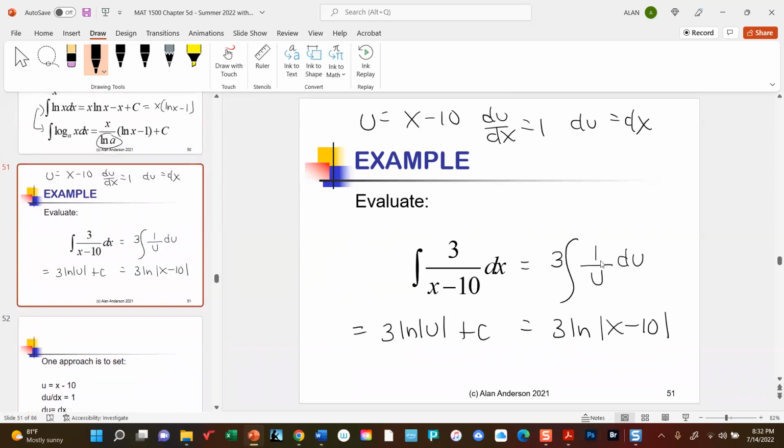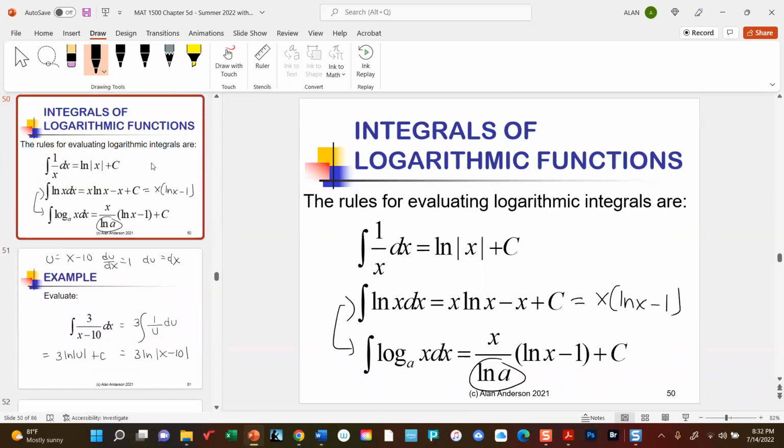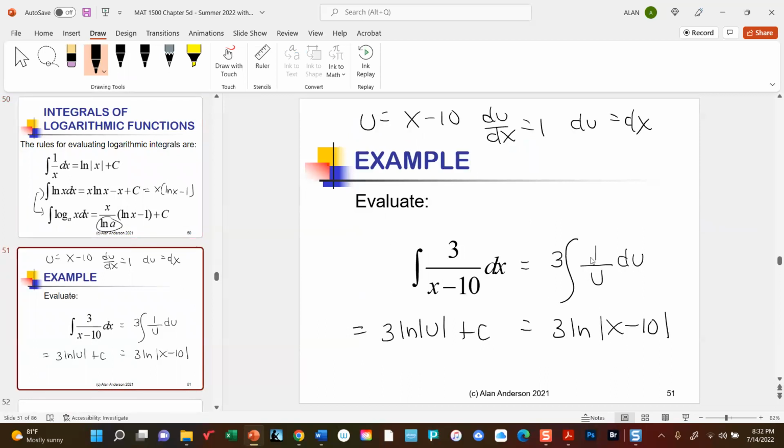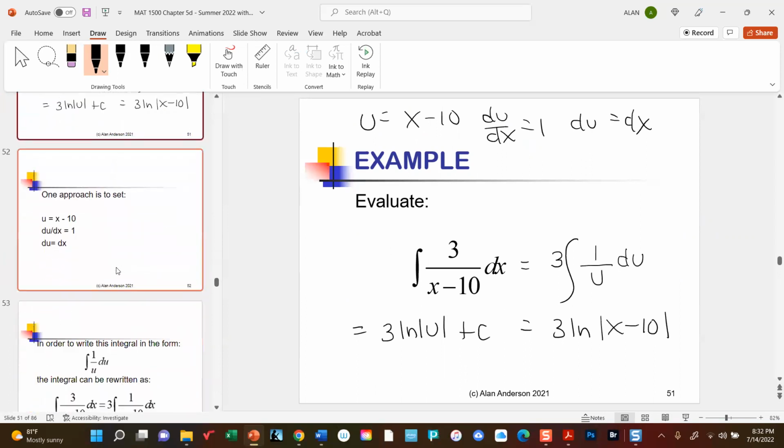Okay, so this one right here, remember, when you have 1 over x dx, the integral is log absolute x. So here it would therefore be log absolute x plus c, but don't forget the 3. Wow, not bad.